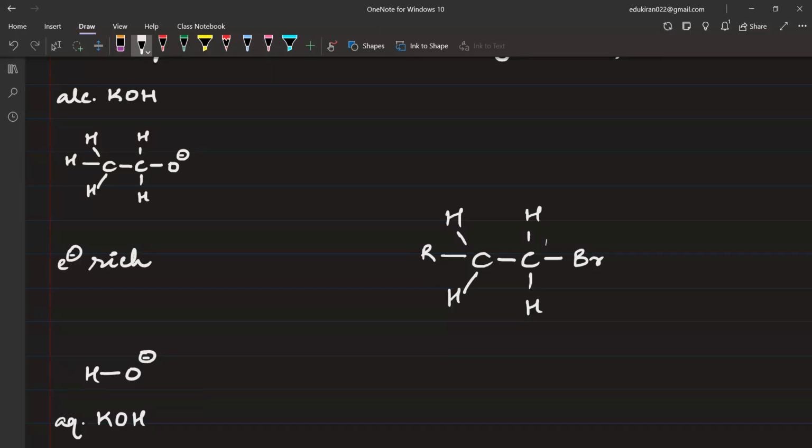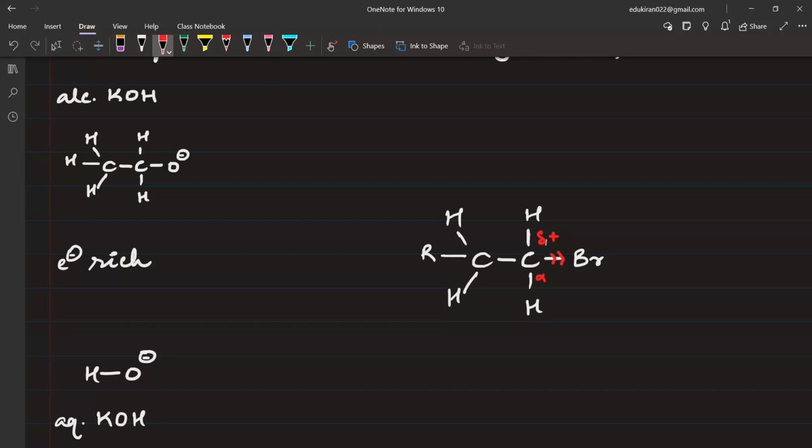Now, in this substrate, there will be electron poor sites, a carbon atom or some other atom which is electron poor. Obviously this alpha carbon, which is bonded to bromine, will have bromine pulling electrons because it is more electronegative, and this carbon will generate a delta positive charge. That means a small positive charge will be generated because electrons are being pulled by bromine.